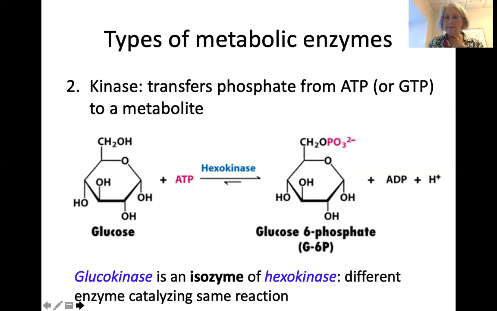So it is a different enzyme encoded by a different gene that catalyzes the exact same reaction. And it has very different kinetics, very different affinity for glucose and rate of reaction than hexokinase. And that is really important for maintaining our blood glucose levels. And we'll get back to that at the end of this video when we talk about enzyme kinetics.